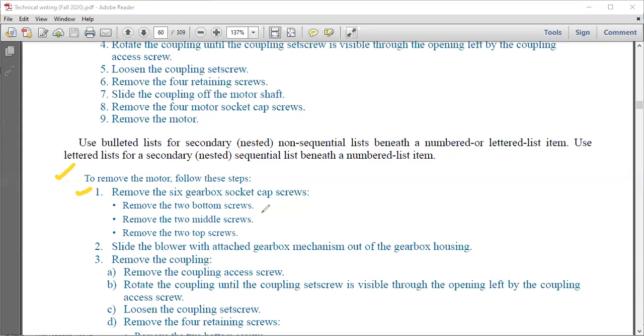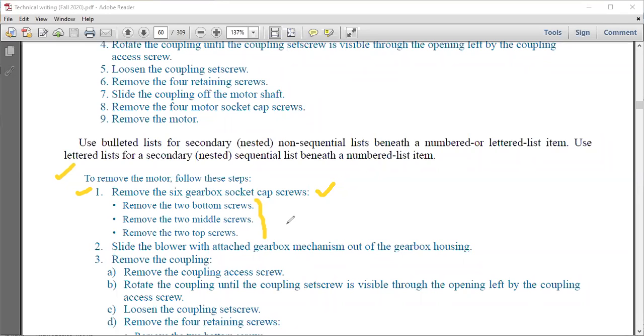Remove the two bottom screws, remove the two middle screws, remove the two top screws, right? Now over here, if we just look at this, this step has been broken into some short steps, but they are not sequential.